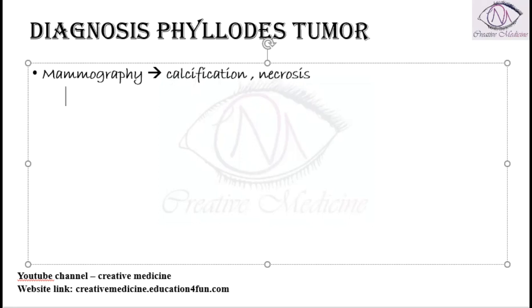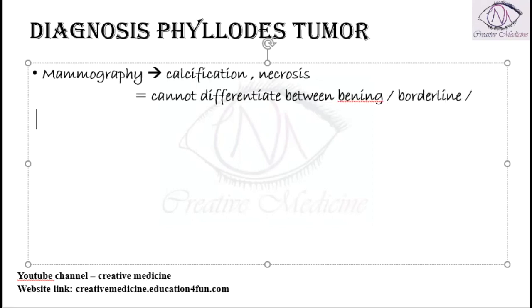But the main problem in mammography is that it cannot differentiate between benign and malignant lesions. So it cannot differentiate between benign or borderline and malignant Phyllodes tumors. So for knowing the malignancy, we should do a biopsy.